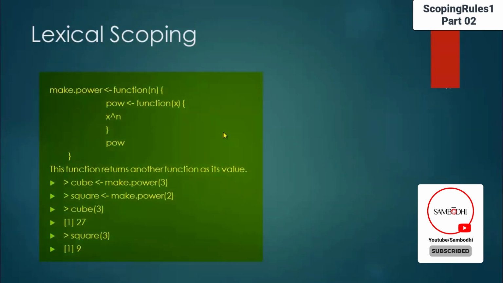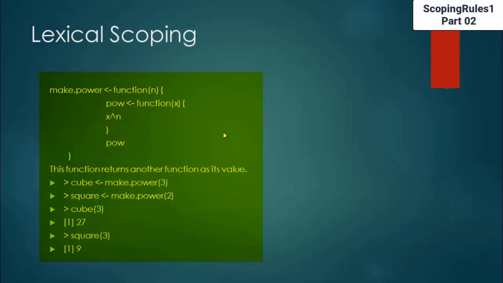So I have a function make.power where I have assigned function of n. Within that, I create one more function, pow, equal to function of x, and within that you just raise x to the power n. And you return pow.